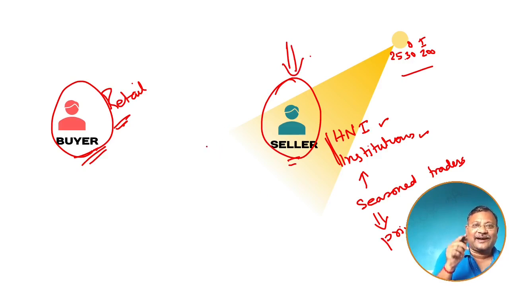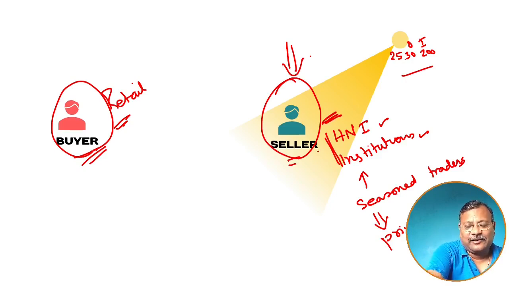So whenever we look at the option chain data, we will start thinking as a seller. What exactly is he doing? What is his thinking? Because once we analyze his thinking, we can reasonably forecast the market, because these are the guys who drive the market.